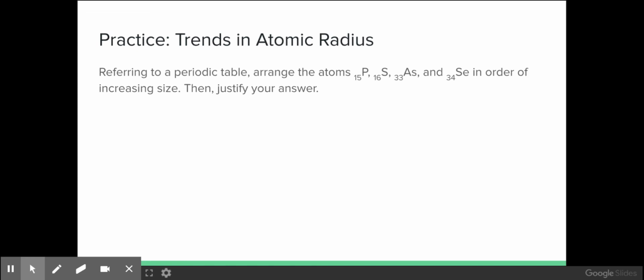Then, if two elements share the same number of energy levels, then we're going to use the number of protons as a tiebreaker. More protons are going to make the atom shrink and constrict. I'm going to give you a moment to try to put these 4 elements in order based on their increasing size, and then we're going to justify our answer.